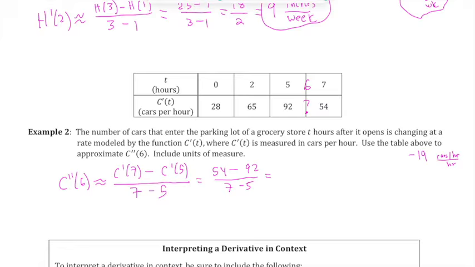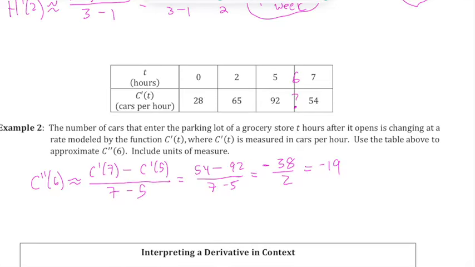And if we take 54 minus 92, that is approximately negative 38 over 2, which is equal to negative 19. Now, we have to get our units correct here. So again, it's going to be the y variable, which is in cars per hour, divided by hours, right?